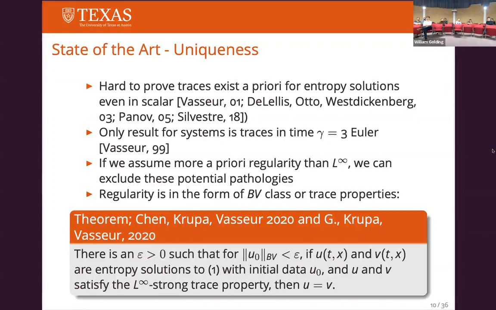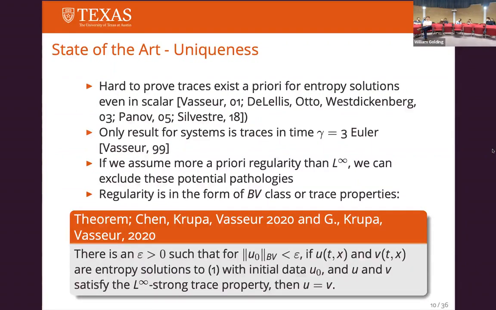And I should mention, this is two papers, one of which I was involved in, but this built on a whole bunch of work from several decades. And basically the result is if I have small BV initial data, and I have two solutions that have the trace property, they're equal. So you can get uniqueness if you assume more regularity.